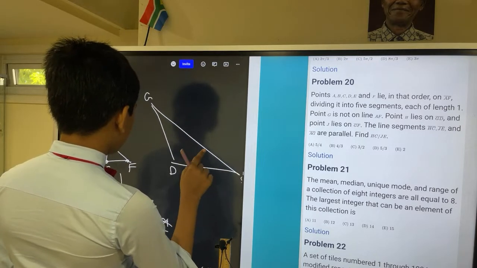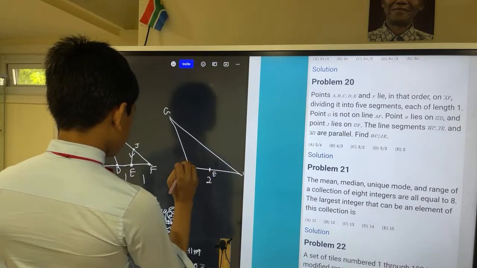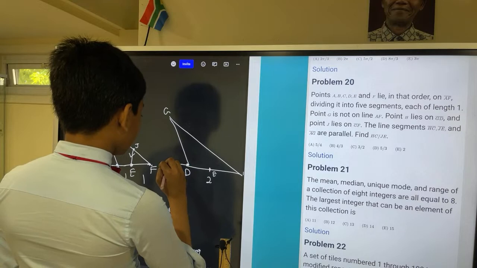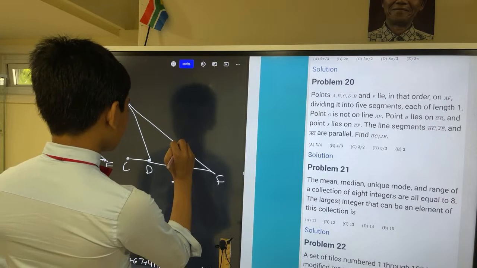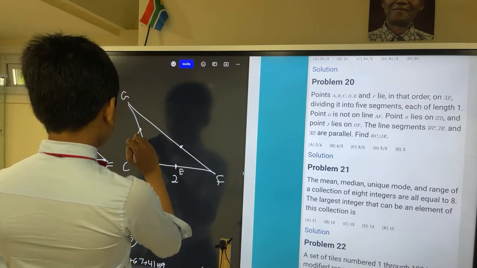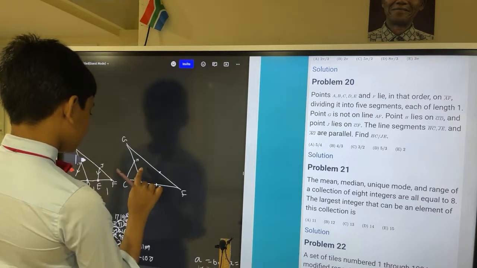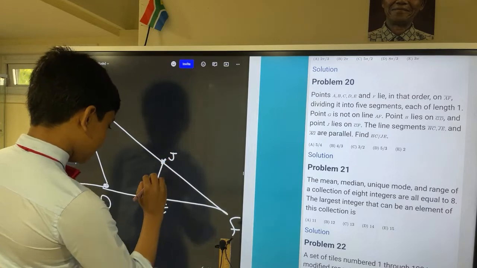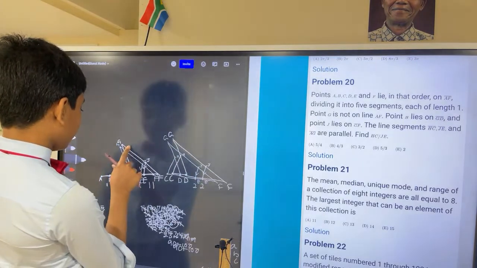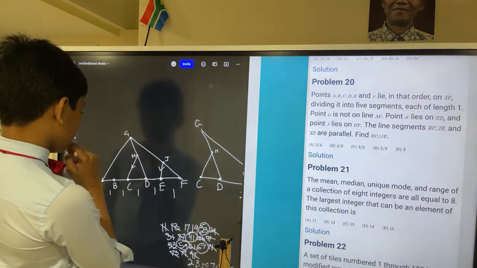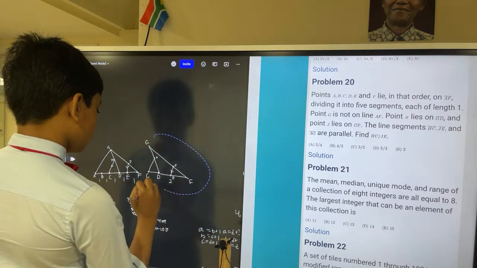E is the midpoint, and we also have C, which is a little bit of an extension. And we know we have a point H lying on GD, such that HC and JE are parallel, and AG is also parallel. Okay, so I'm going to have to factor that in.